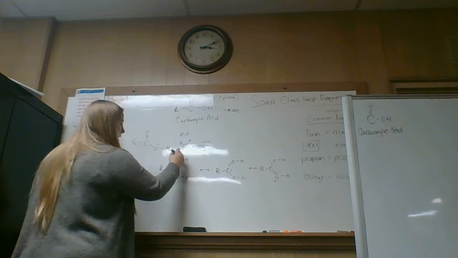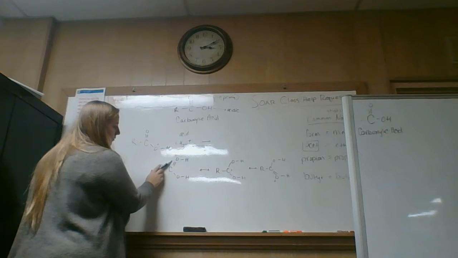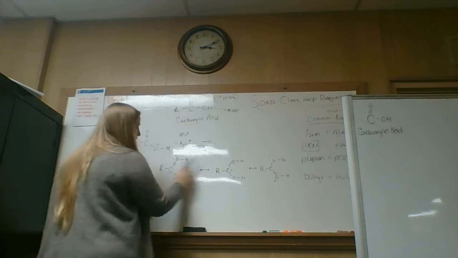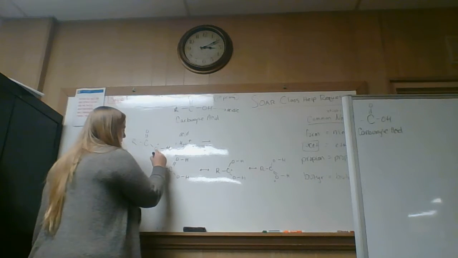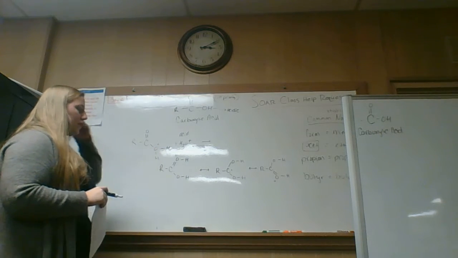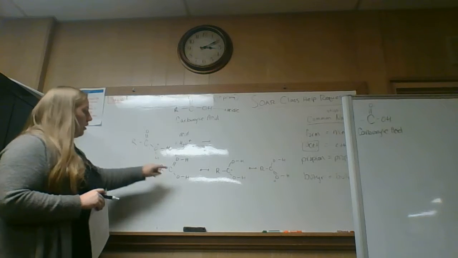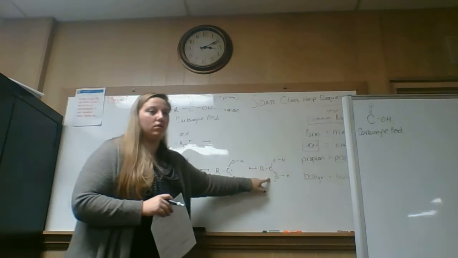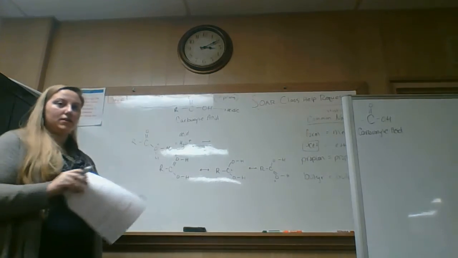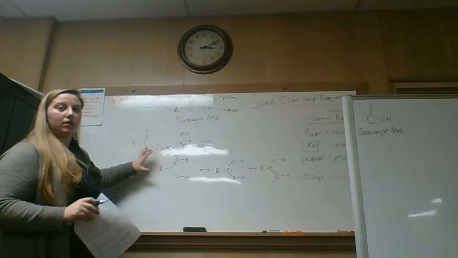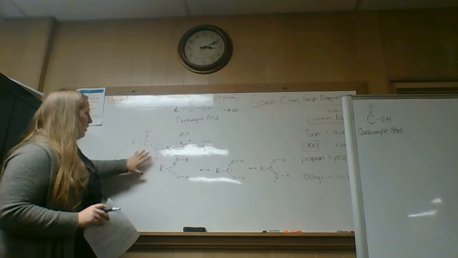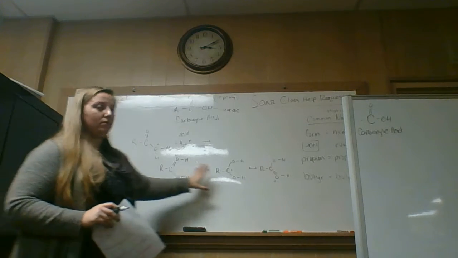When it's here, there's room for that positive charge to move to the carbon and then move to this oxygen. But notice how the positive charge, when it's on an oxygen, is always next to a double bond. That allows the delocalization. If the positive charge is next to a single bond, there's no opportunity to delocalize, and this would be very unstable. This makes it more stable.